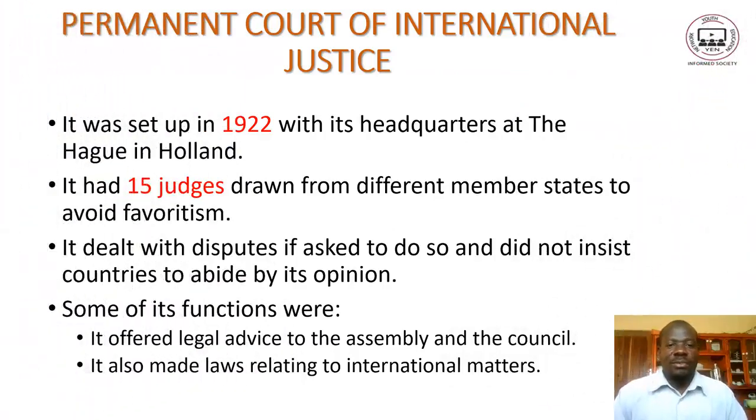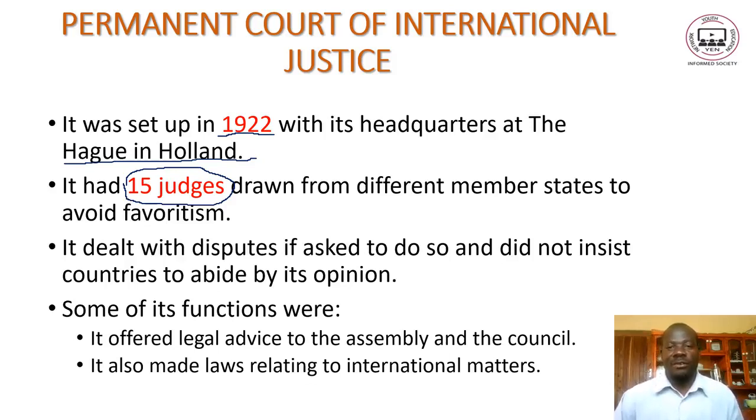There was also the Permanent Court of International Justice. This one was set up in 1922. Its headquarters was at The Hague. The Hague is in Holland. The Permanent Court of Justice had 15 judges, and these 15 judges were taken from different countries.